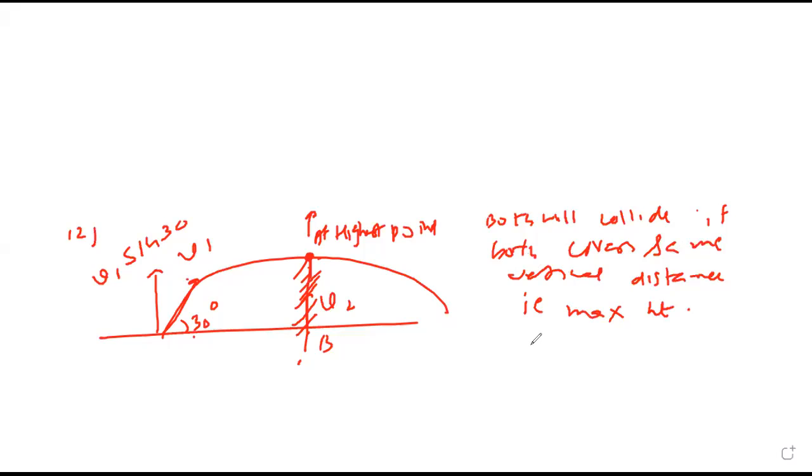Now tell me the formula for displacement. Can I say it is ut plus half at square? But time is missing, I won't take that. Then which formula should I take?